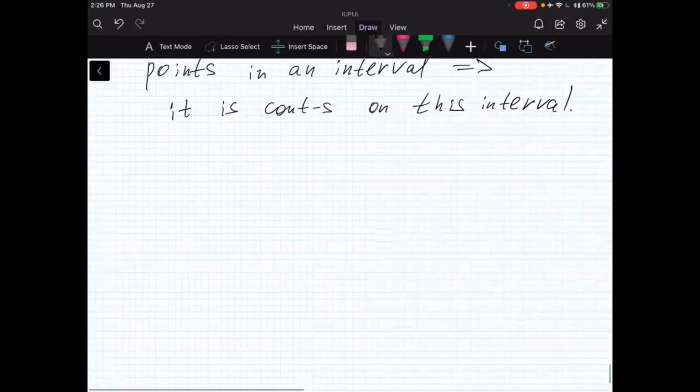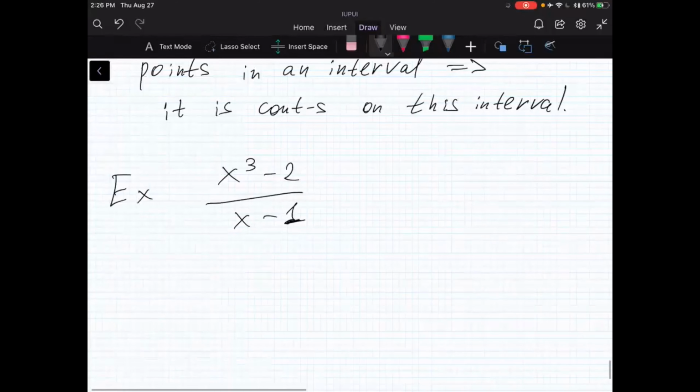For example, x cubed minus 2 divided by x minus, say, 1. This function has only a problem at x equals 1.